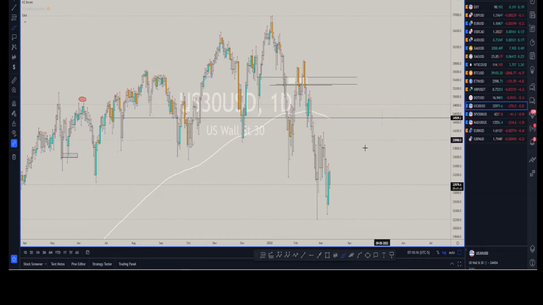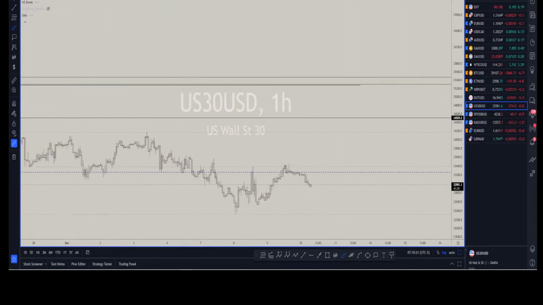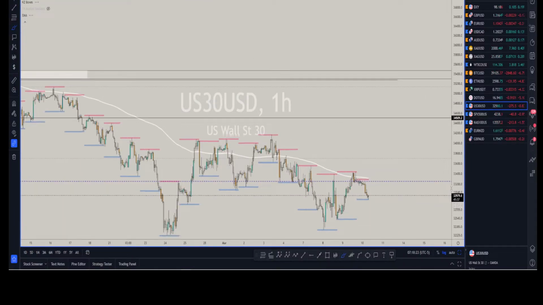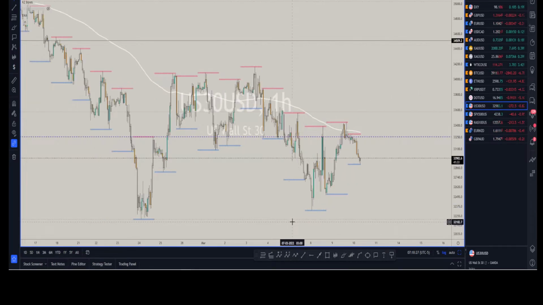US 30. Yes, 30. If you check the lower time frame, I mean 1-2 hours, that's one wave, that's two waves, and that's three waves.